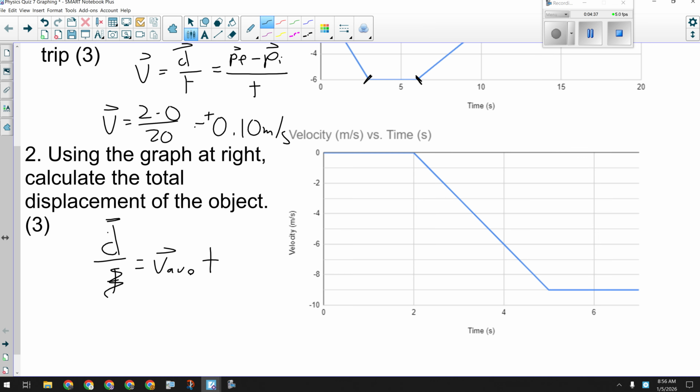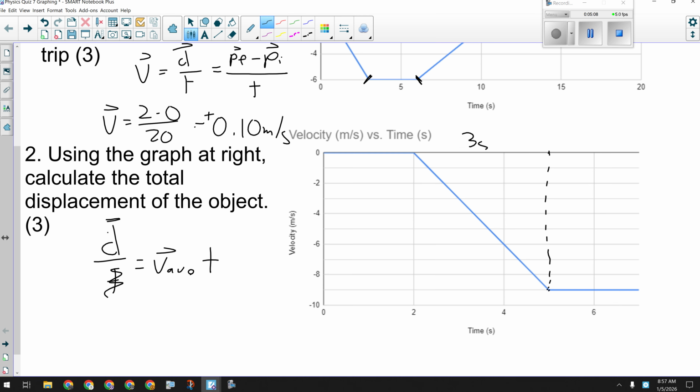Not moving. It has a velocity of 0 meters per second, so nothing to worry about right there. Then it accelerates backwards from 0 meters per second to -9 meters per second. Okay, and it does that over what appears to be 2-3 seconds, from 2 to 5 seconds. All right, so I know that the base of this is going to be 3 seconds. Okay, and I know that it accelerates from 0 to -9.